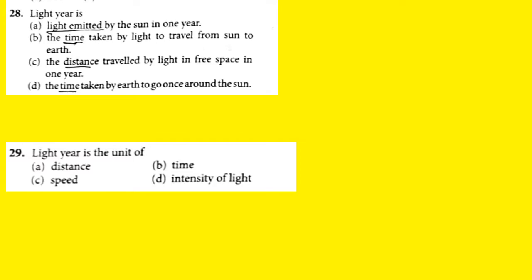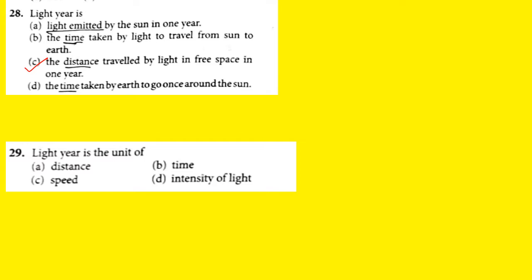The answer is option C, children. Everything looks same, right? So be very clear with this definition. Light year means the distance traveled by light in free space in 1 year. Okay, that is known as light year. The distance traveled by light in free space in 1 year is known as light year. So the answer is option C.